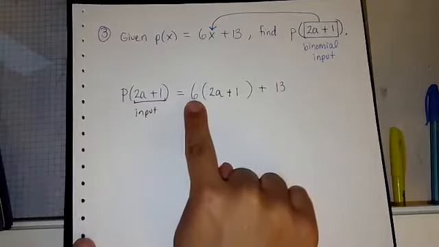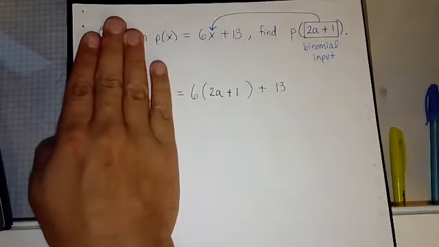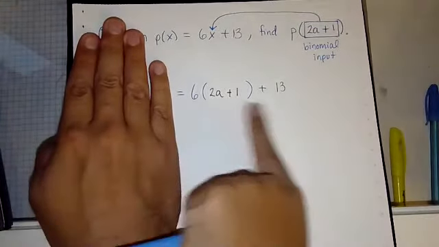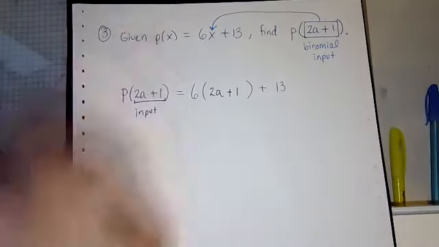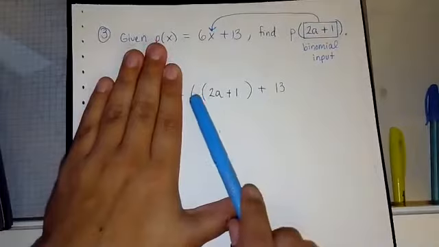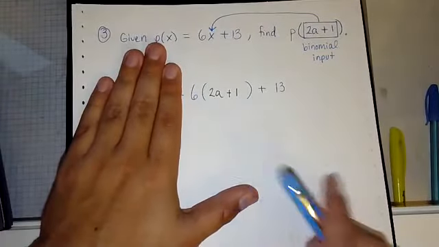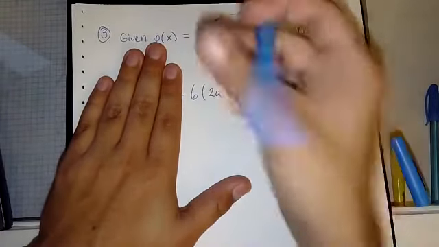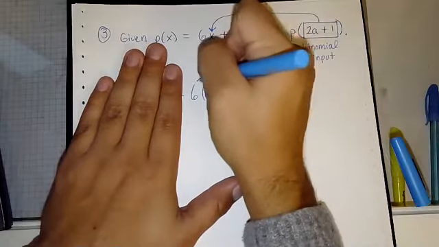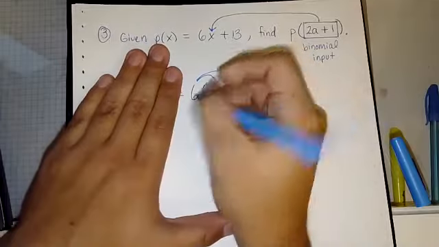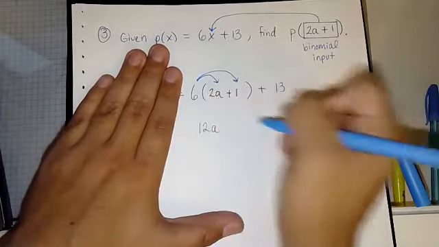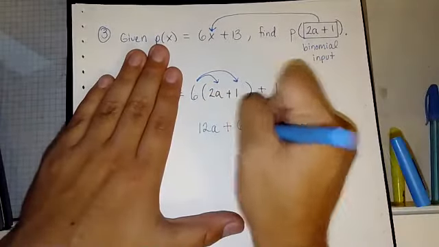Well, now, again, I don't really look at this left-hand side. I'm just focused on simplifying this right-hand side of the expression. And to me, if I see 6 on the outside of this parentheses, I'm sort of tempted to distribute. So that's the first thing you're going to want to do. You're going to want to distribute the 6 and multiply it by these terms. So we'll get 12a plus 6.